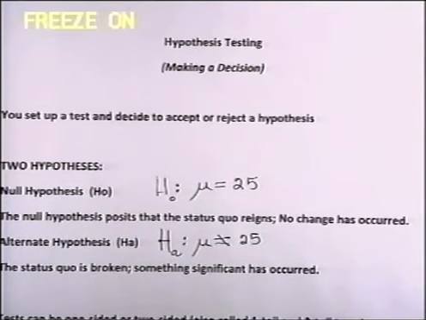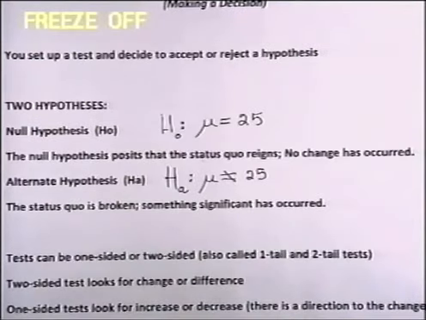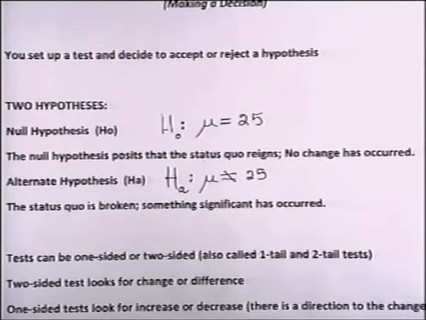What do I mean by that? Let's see if I can put this up. Okay. One-sided or two-sided. In some books, it's also called a one-tail and two-tail test. A one-sided test tests for a directional change. A two-sided test looks for just change or difference. What do I mean? Up here, it's easy when you look at the hypothesis if you're reading somebody else's work.